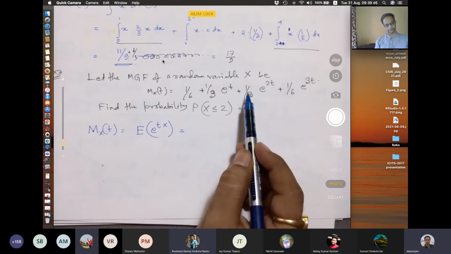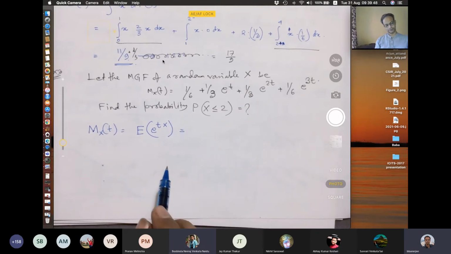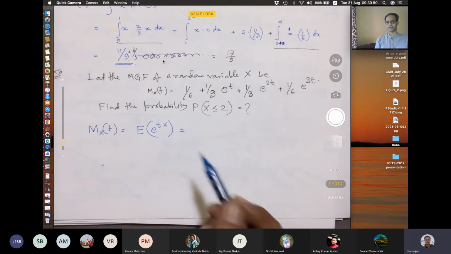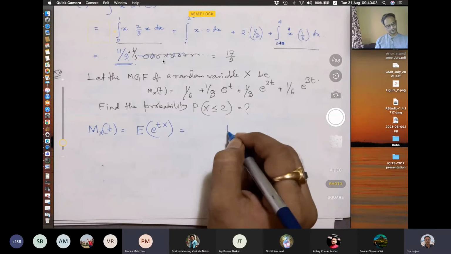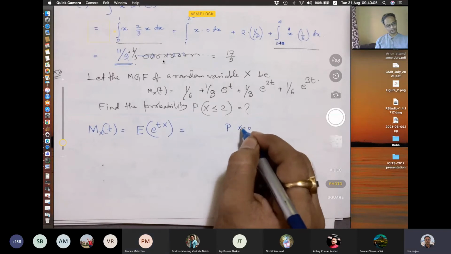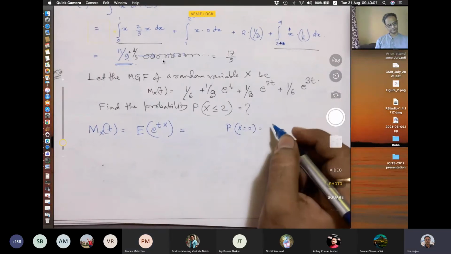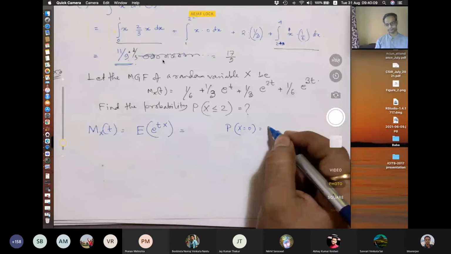Now from this expression, can you tell me what values X can take and what will be the probability associated with each? Sir, 0, 1, 2, and 3. Yes. Probability X equals 0, how much? 1 by 6.